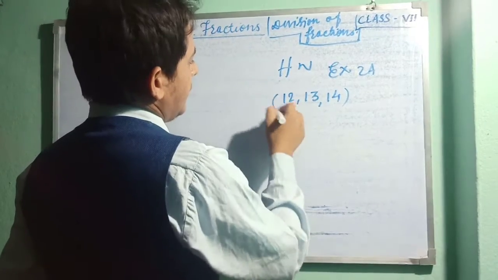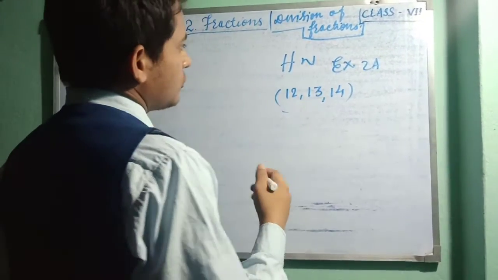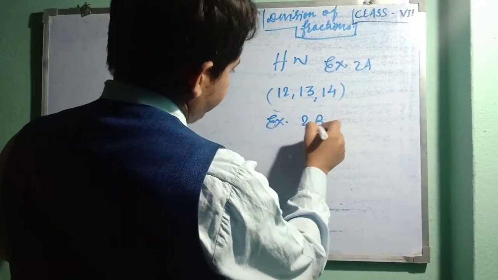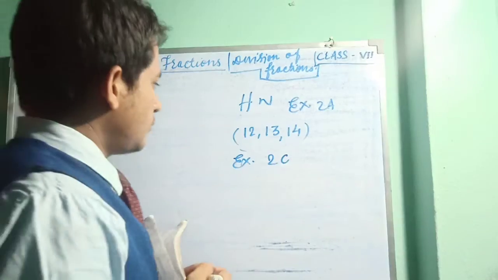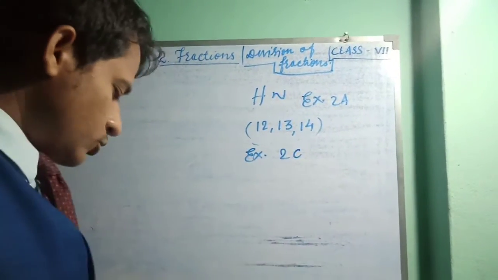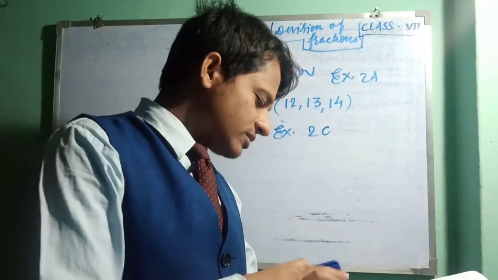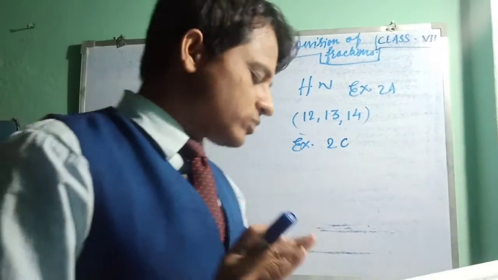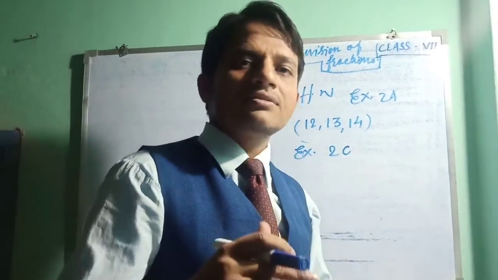And you can go to the further exercise, 2B. Now you can go to the further exercise, exercise 2C. And in 2C, these are very simple questions. Question number 1, write down the reciprocal only, and you have already learned about the reciprocal. Suppose the reciprocal of 5 by 8 means 8 by 5.